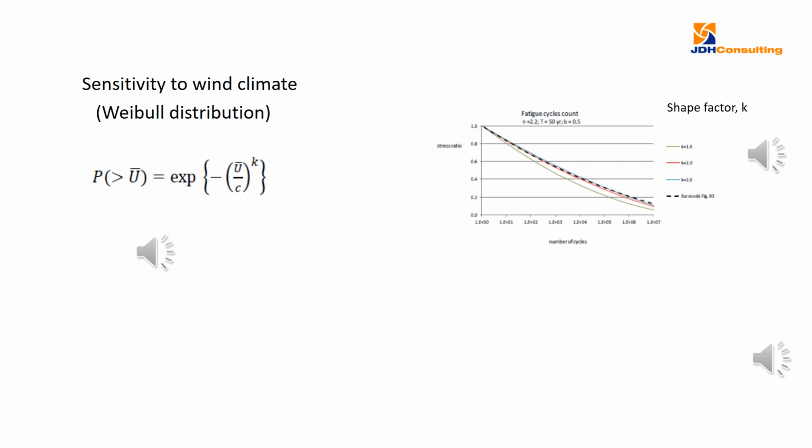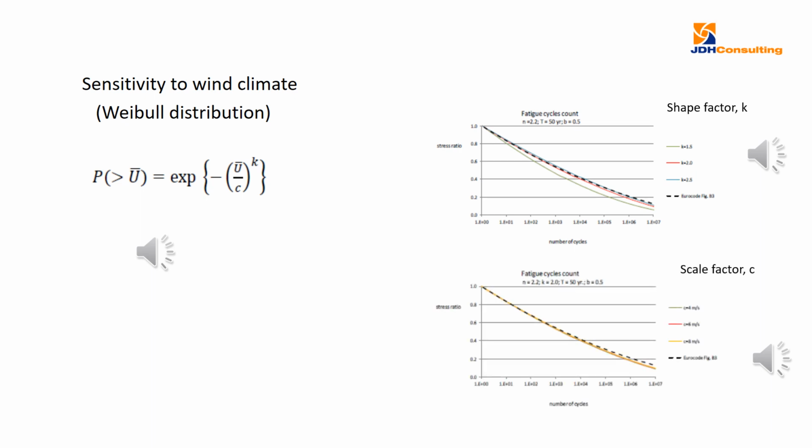And the black dashed line is the universal line that was shown a couple of slides ago, which is pretty much on the conservative side, as it gives you a bit higher number of cycles than we calculated, certainly for the 1.5 shape factor. But generally it's a pretty good match.